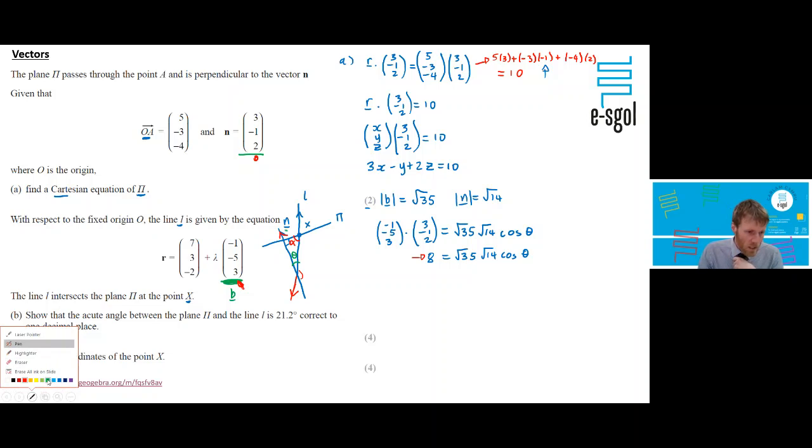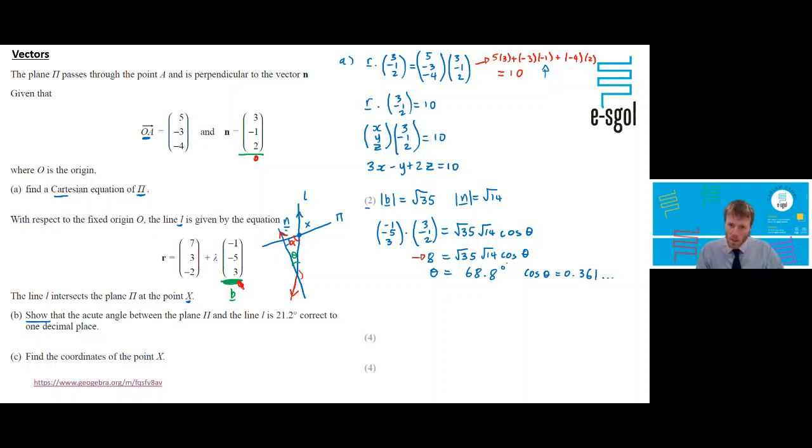If you solve this, we get theta equals 68.8. Because it's a show that, I might have needed to show a little bit of extra working. In fact, maybe it would have been worth me showing this: cos theta equals 0.361... We will continue because I haven't quite finished that.